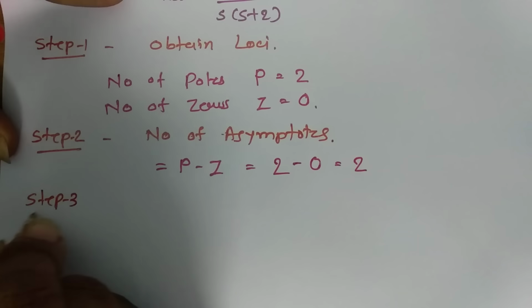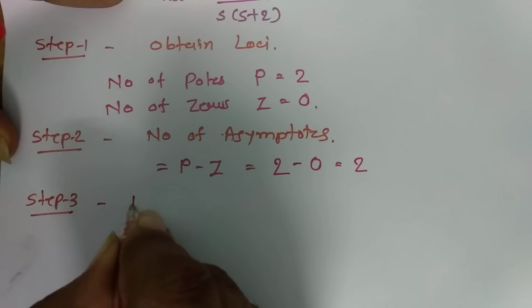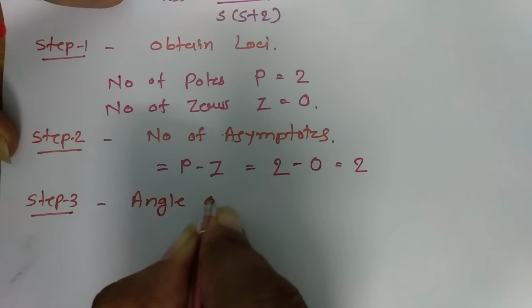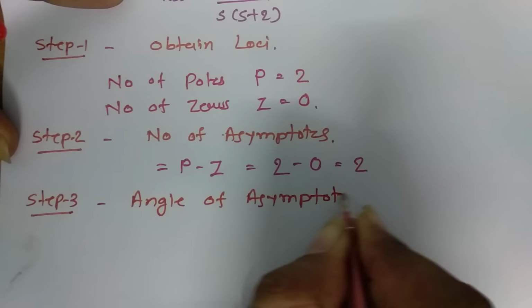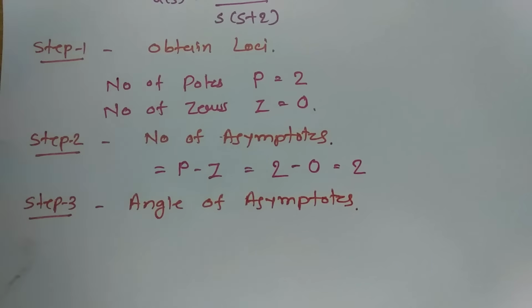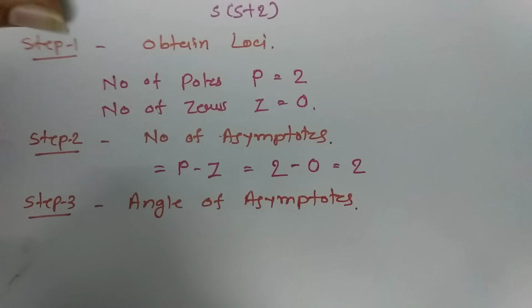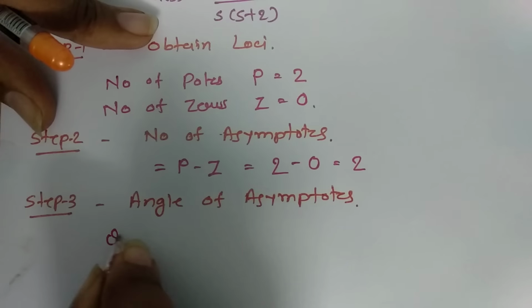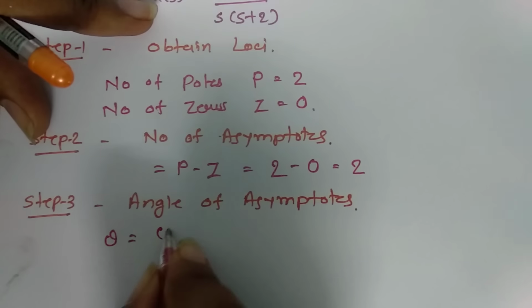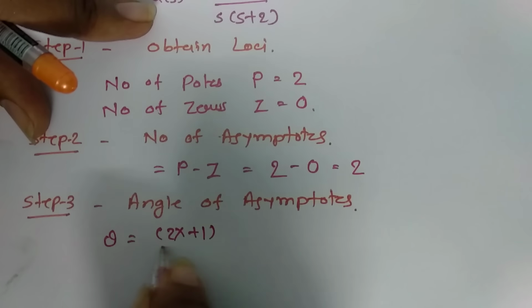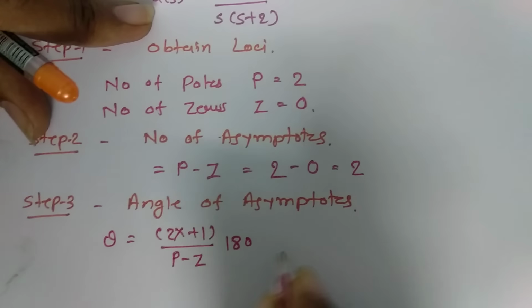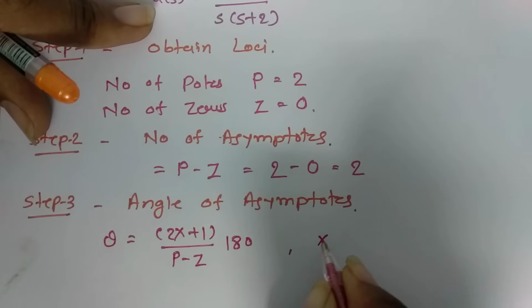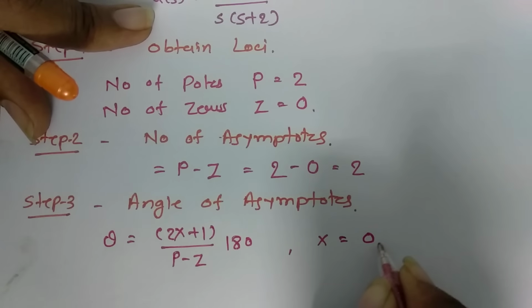Next step is the angle of asymptotes. So step number 3 for this example is the angle of asymptotes. Here the angle of asymptotes, theta, is equal to (2x plus 1) divided by (poles minus zeros) into 180, where x values are 0 and 1.